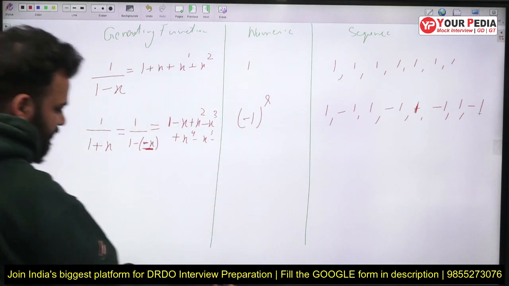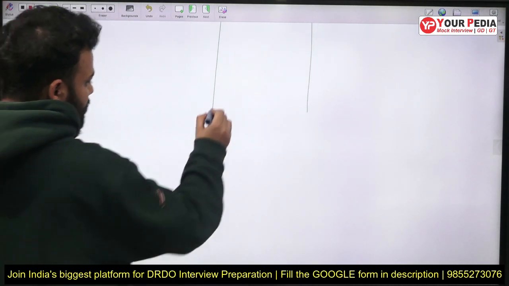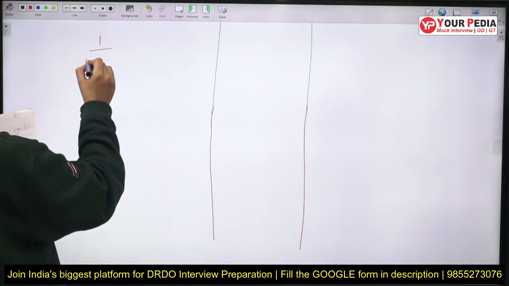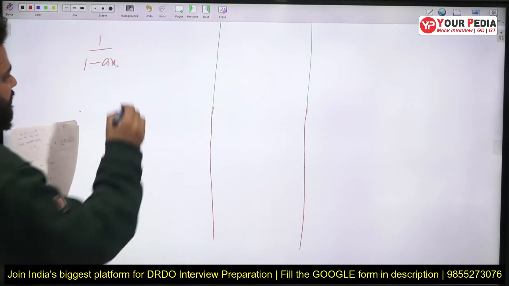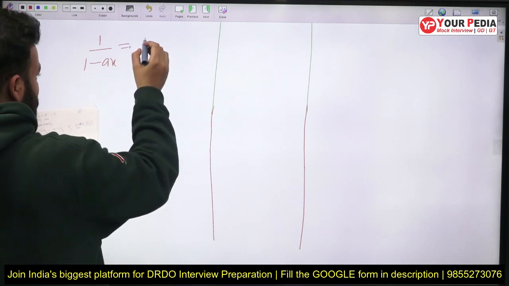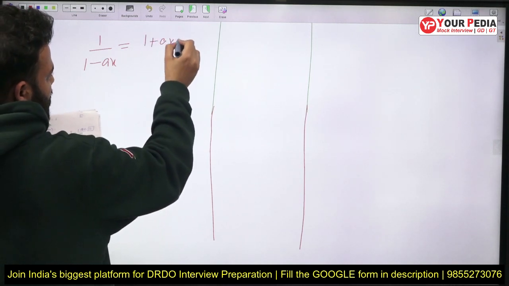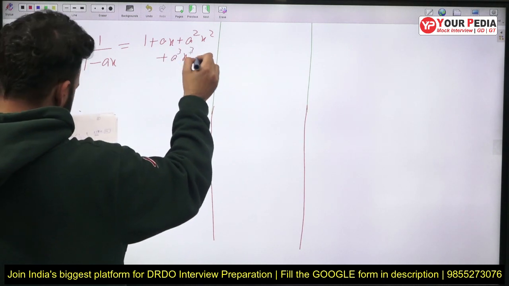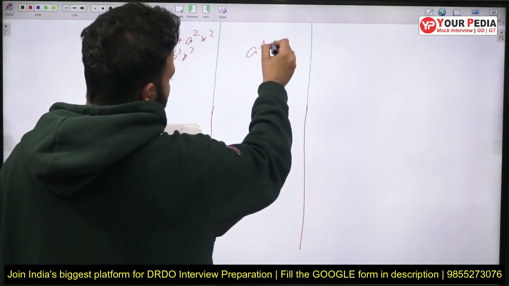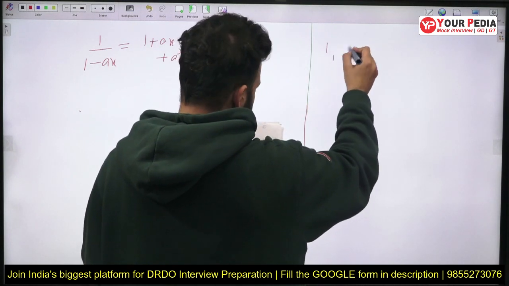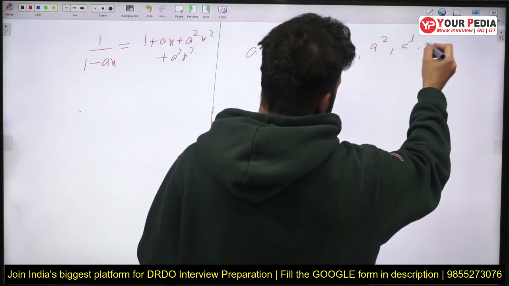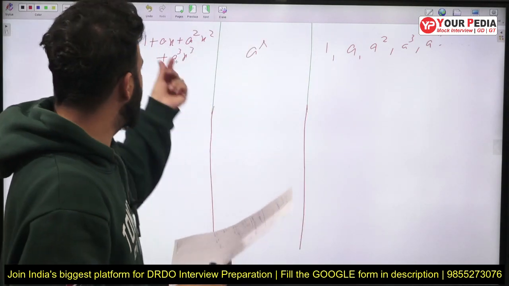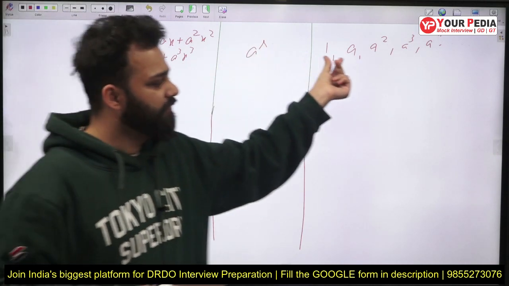Now let's move on to the next one. The next function is 1 by 1 minus ax. If you do this, you will get 1 plus ax plus a square x square plus a cube x cube and so on, and the numeric value is a^r, and the sequence will be 1, a, a square, a cube, a4 and so on, because all the x will behave as 1 and the coefficients will be present in the sequence.